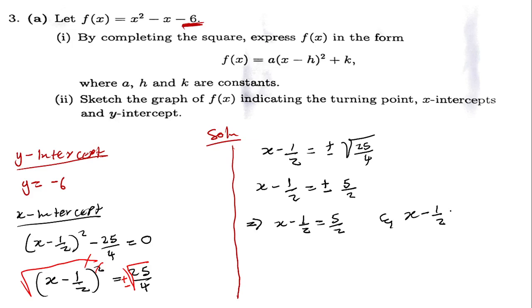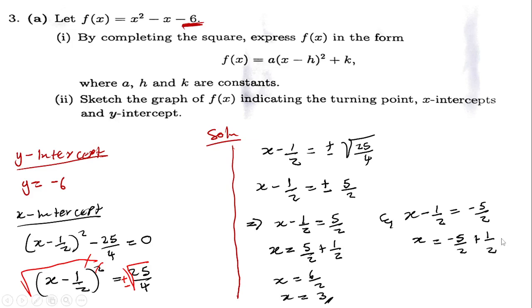So this can go to the other side. So x is equal to 5 over 2 plus 1 over 2. So x here is simply equal to 6 over 2, and x is equal to 3. So 3 was the answer there. Then the other one, x is equal to negative 5 over 2 plus 1 over 2.